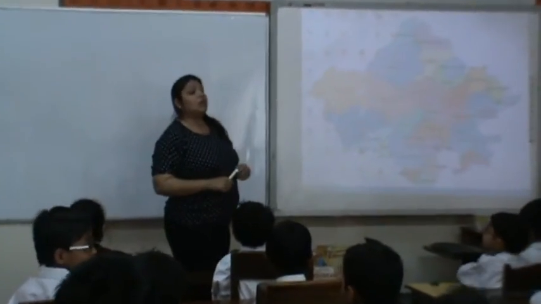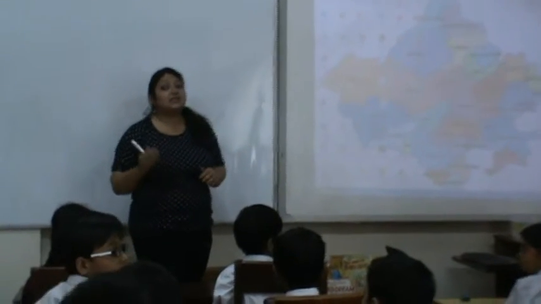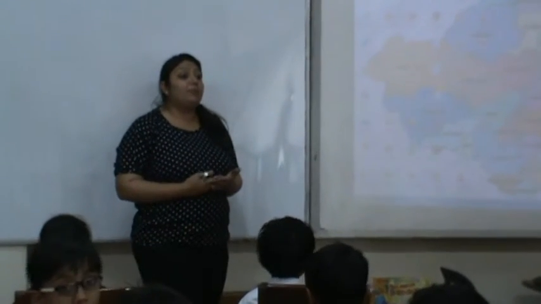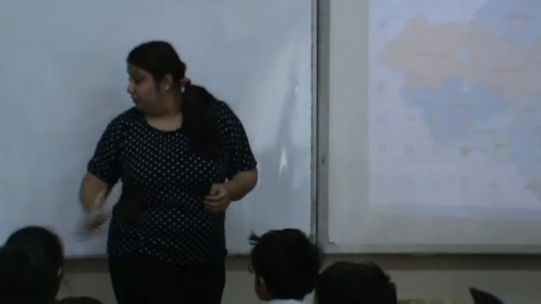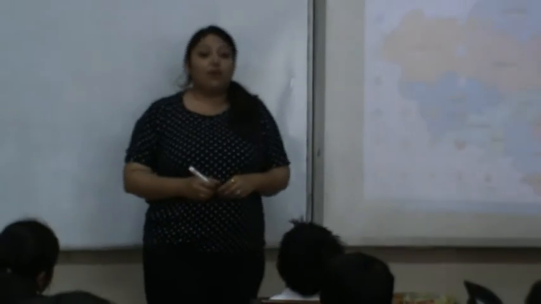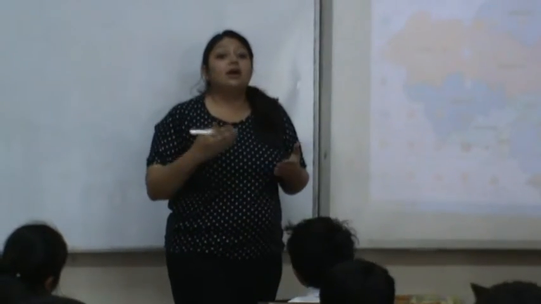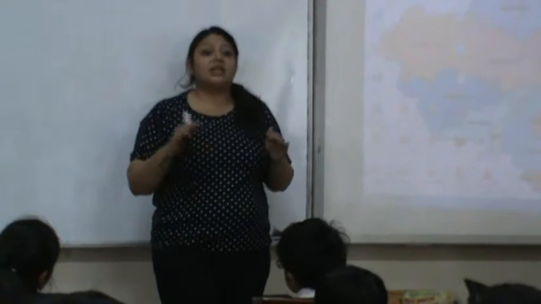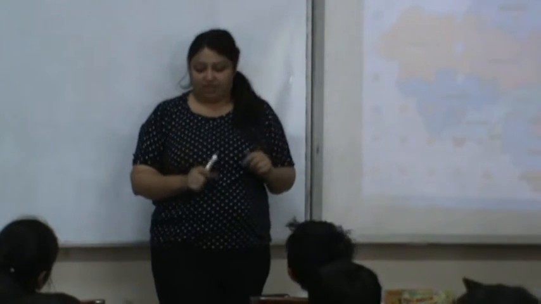The floating and sinking of the object also depends on the shape of the object. So the shape of the object also affects the floating and sinking of the object.